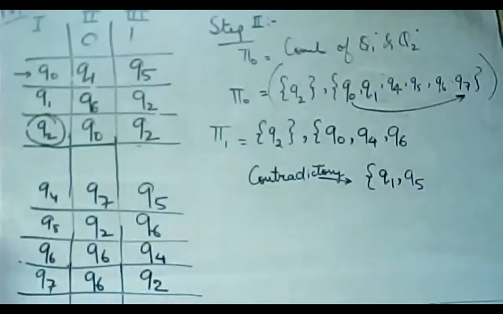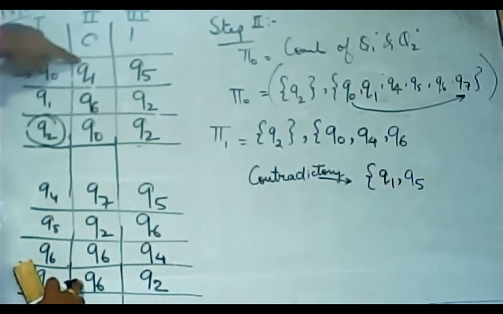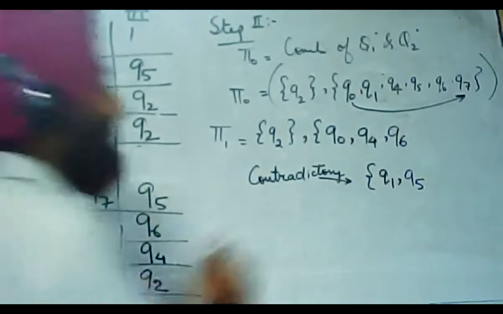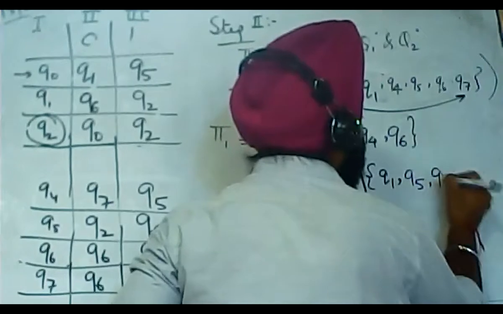Q naught with Q7. So Q naught, Q7. The first comparison is 1 and 6. It is in same set, but 5 and 2 is not in same set. It means that your set is completed and Q7 will be written over here.